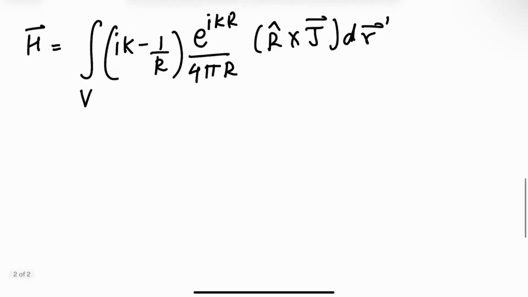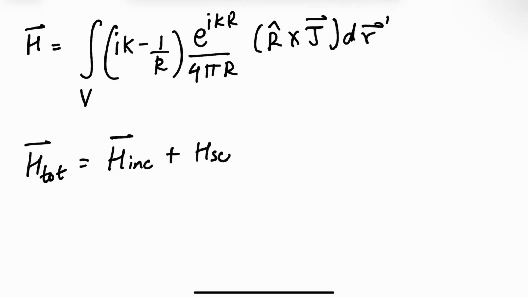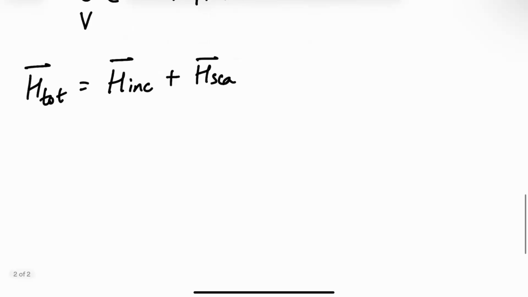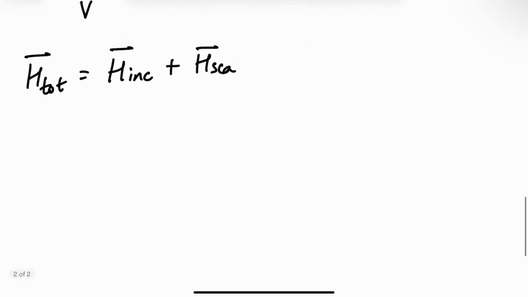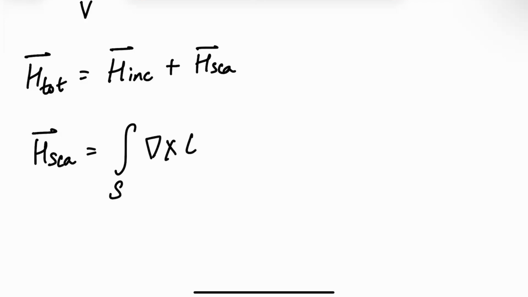So essentially, we want to formulate an integral equation using the magnetic field. So we do the same thing. We start with the total field equal to incident field plus scattered field, similar to the electric field. H total equals H incident plus H scattered, which comes from extinction theorem, right? And H scattered here is given by the surface integral because we're dealing with metals. So you only have surface currents, curl of G dot J, dr prime.